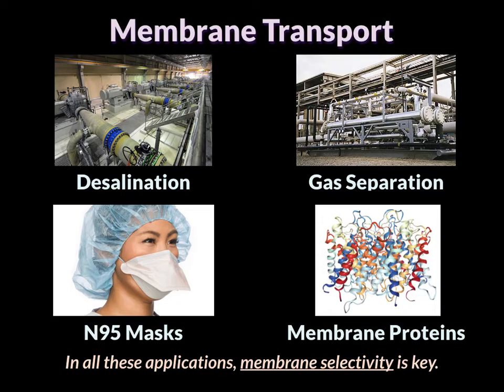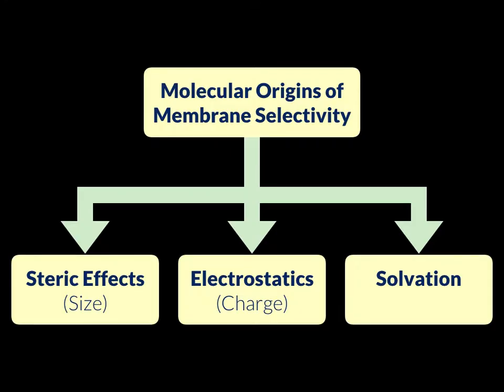Membrane selectivity at the molecular level arises because of a complex interplay between steric effects, or the relative sizes of molecules or ions that try to pass the membrane versus the sizes of pores or cavities within that membrane, and also electrostatic effects, such as charge properties of those membranes, as well as solvation effects, or the amount of energy that has to be spent to partially desolvate the molecules before they enter the pores and cavities within the membrane.